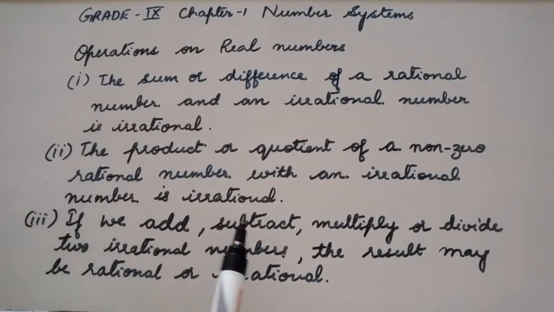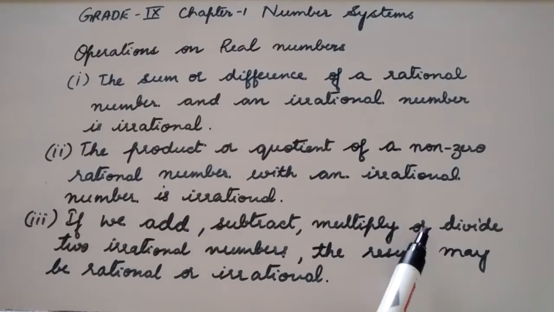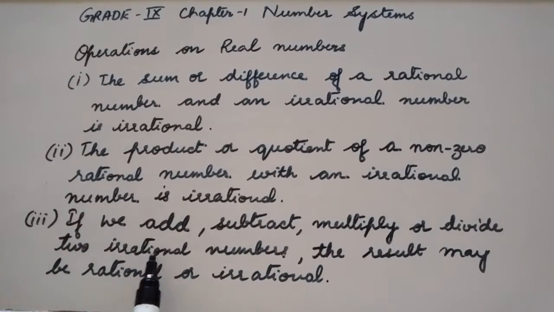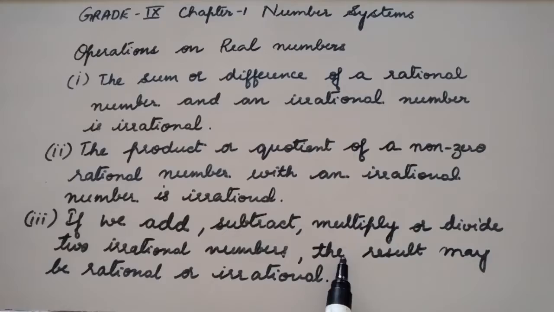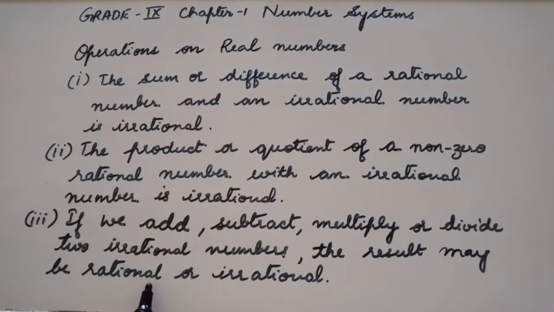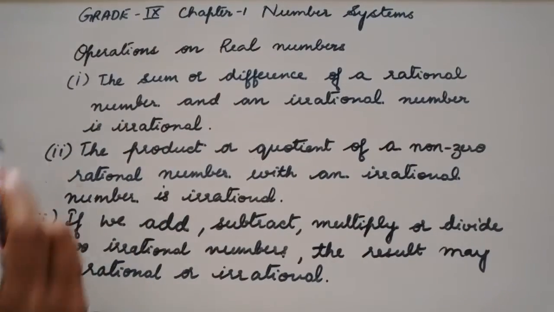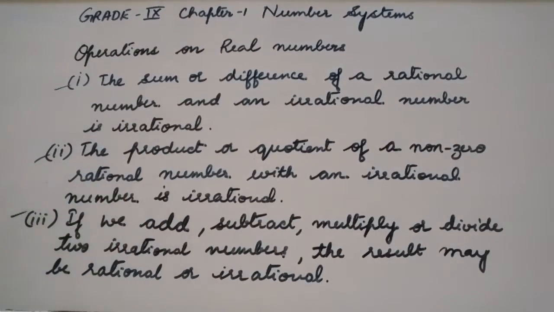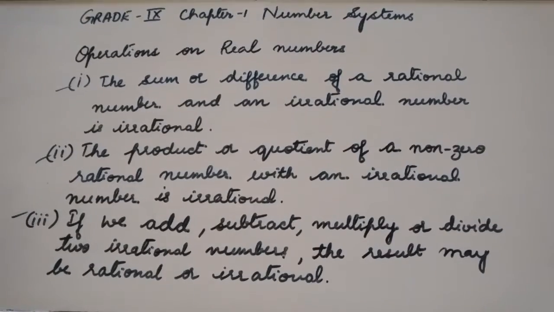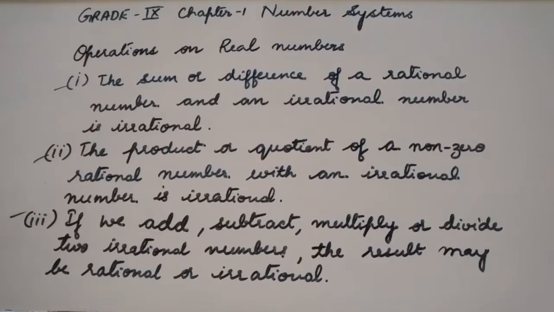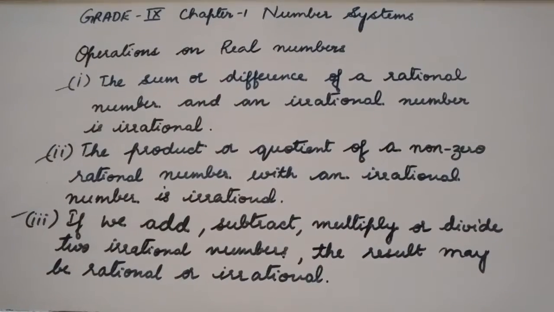If we add, subtract, multiply or divide two irrational numbers, the result may be rational or irrational. So these are the three facts which are true on the basis of the example problems which we learned just now.